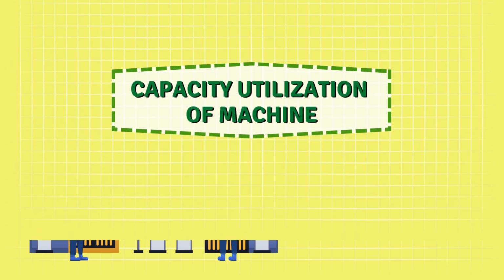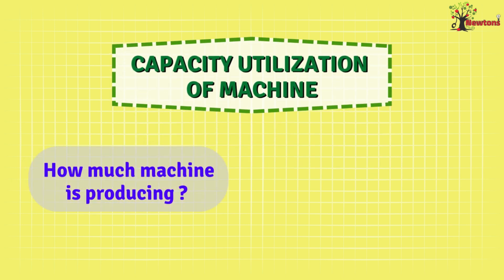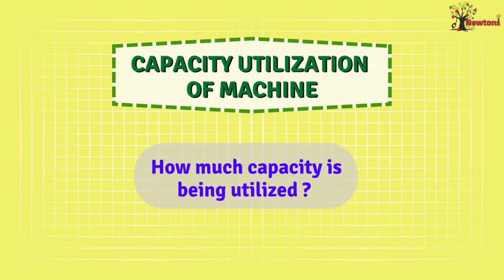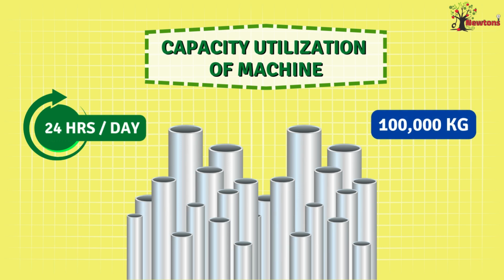Now the capacity utilization. This shows how much the machine is producing compared to how much it could produce. Every machine has a specific capacity to produce within a given time frame, but how much of the capacity is being utilized is the real concern. For example, a steel manufacturing machine may have the capacity to produce 100,000 kg of steel in 24 hours.